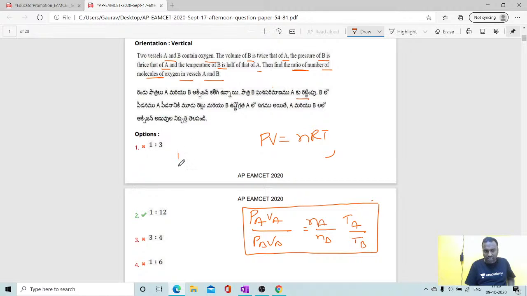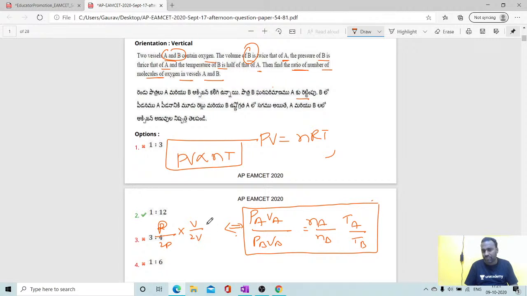So here pressure times volume is directly proportional to N and T. So P1 V1 upon P2 V2 must be equal to N1 T1 by N2 T2. Since the values given, students, two vessels A and B contain oxygen, volume of B is twice that of A, so we can substitute P by 2P and V by 2V.